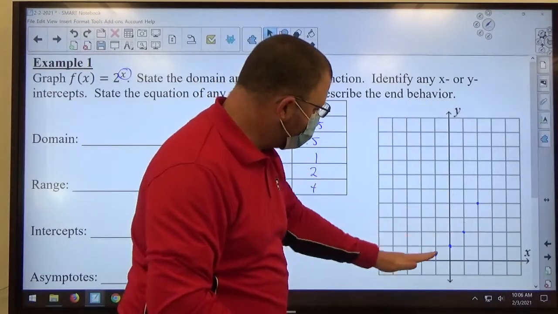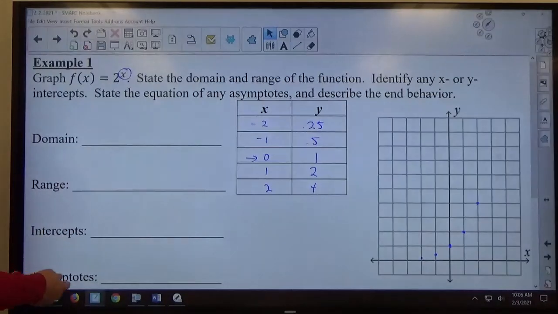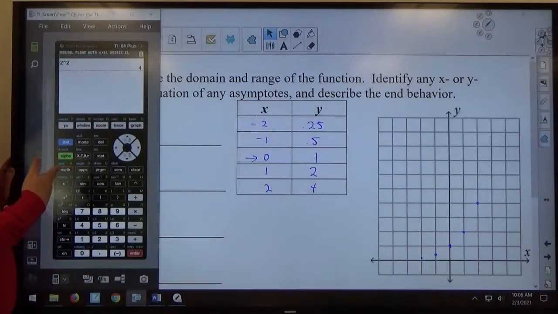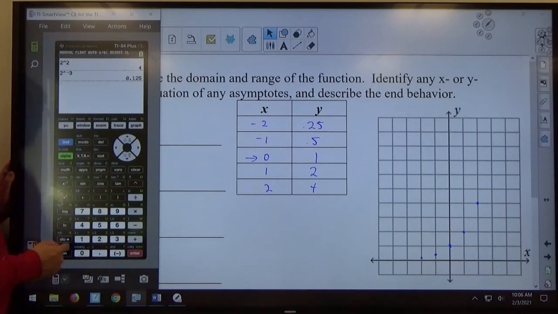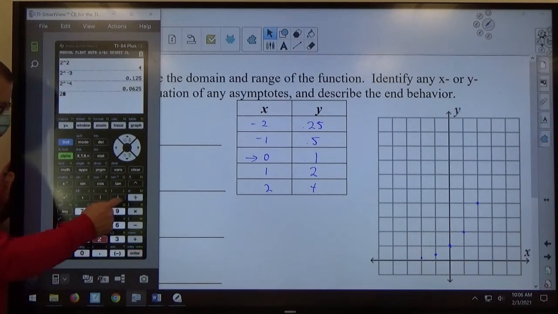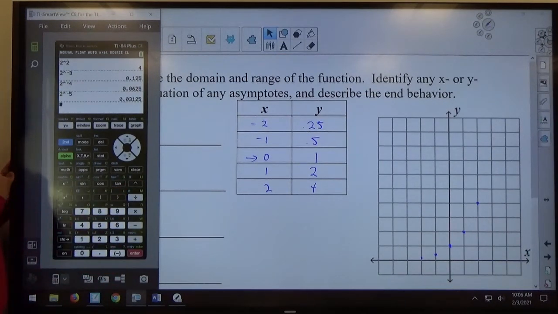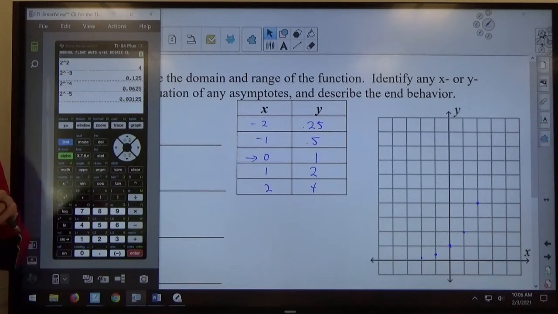So looking at this, 0.5, 0.25, if I keep on going left, if I just start randomly picking numbers less than -2, so -3, -4, and so on, 2 to the -3rd equals positive something. 2 to the -4 equals positive something. 2 to the -5 equals positive something. In reality, it's always going to be positive, no matter how big that number gets, because I'm not creating a negative number with negative powers.